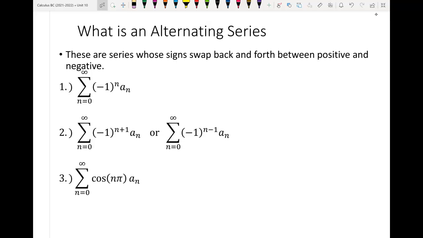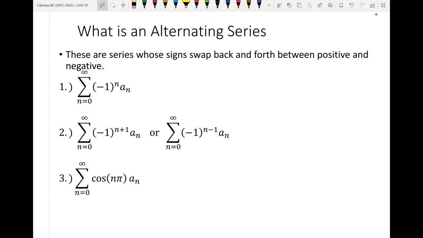And then our third one, which might be thrown at you every now and then, is cosine of n times pi, or pi n. And that is your alternating component. I want you to think about that. Why would that be an alternating component? Cosine's either 1 or -1. It bounces back and forth between 0 radians and pi radians.